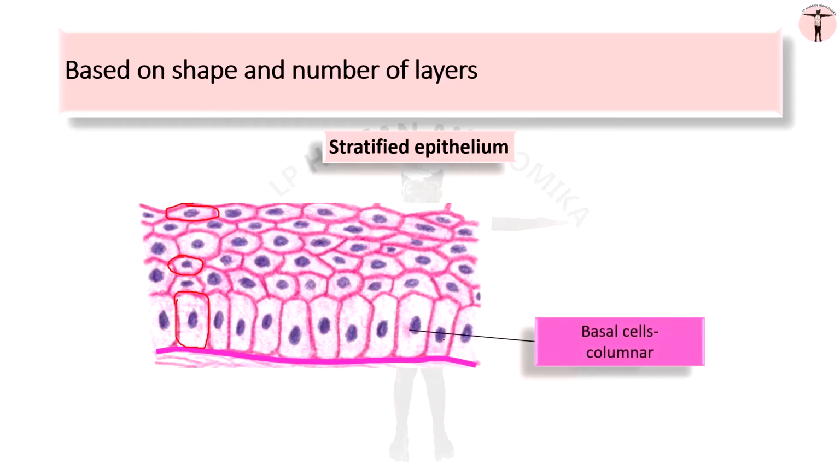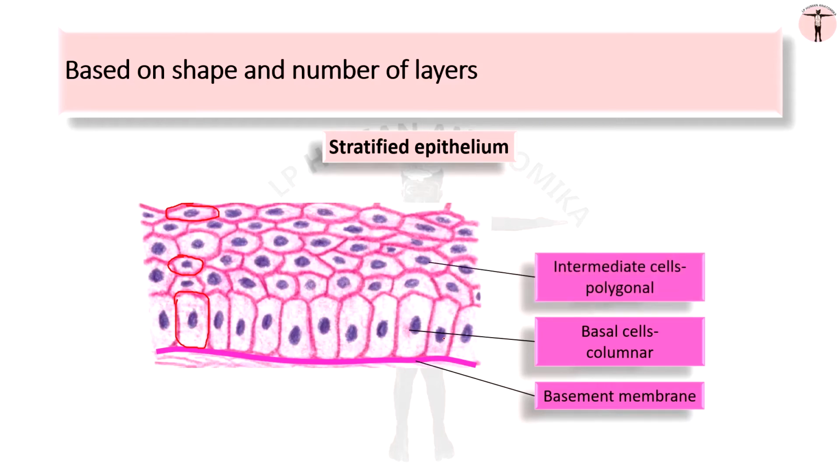Now, coming to the structure where different types of cells are present. The basal cells are columnar in shape. It is lined by the columnar cells which rest on the basement membrane, and cells forming the intermediate layer are polygonal, and the cells in the superficial layer are squamous cells.